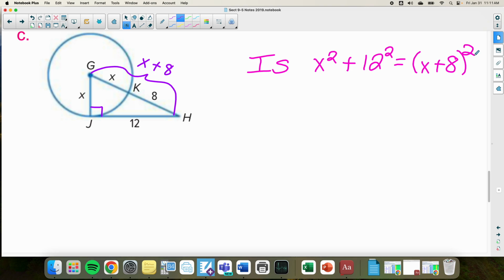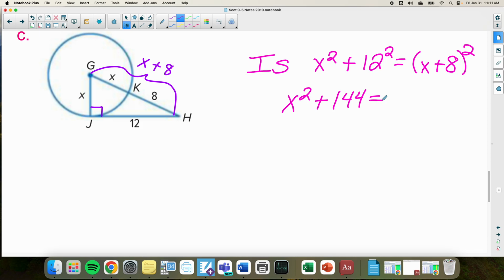Okay? Now, if I give every one of you this question right here, I would bet probably 80% of you would get it wrong. And I'm guessing this is what you guys would do. x squared plus 144. And then how would you write this? So x squared plus 64. Everybody agree? Most kids would do that. But actually that isn't the answer to that.